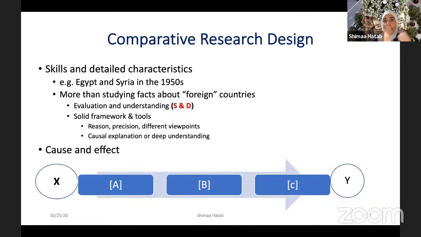But in different contexts it led to different degrees of repression if you look at the degree of autonomy of different social groups. So this would help you analyze what's special about Syria during that period. It helps you evaluate and understand the similarities and differences between the two contexts.